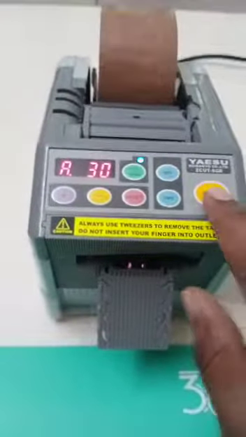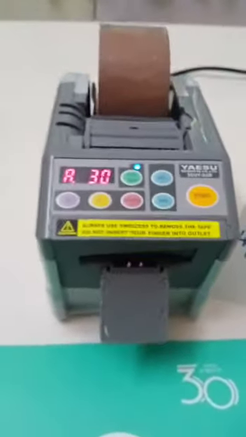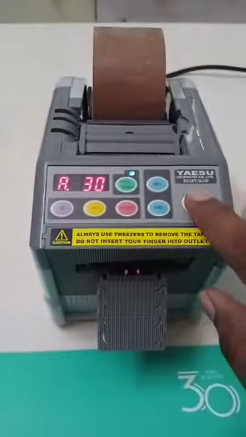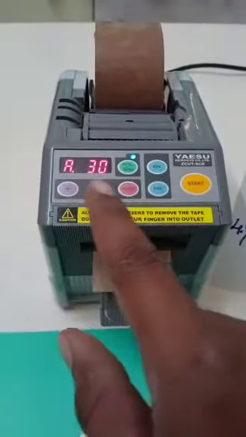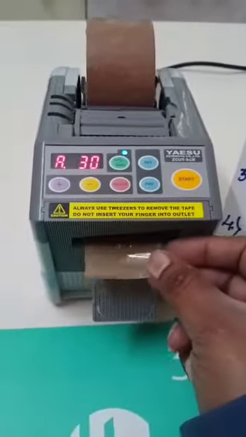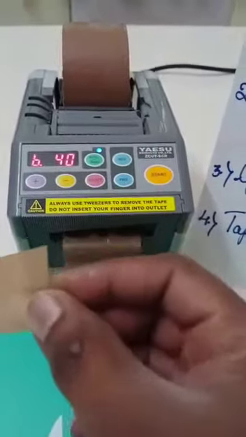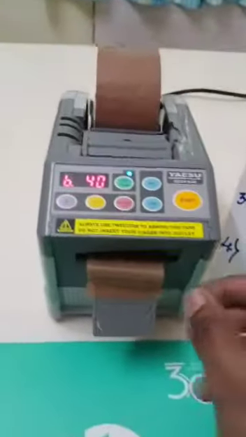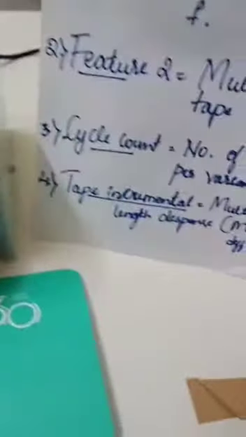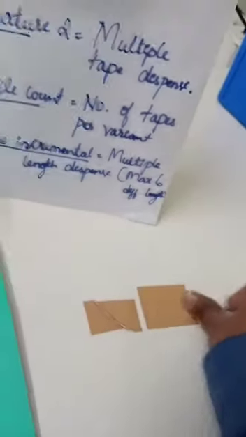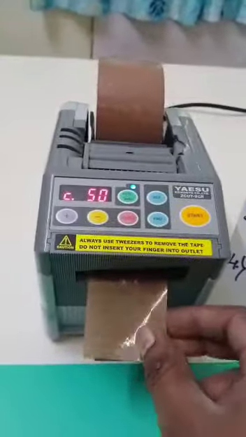That is, right now it's 30 mm. So I'll use the auto mode. So A is 30, it is going to jump to B. So I'm going to cut it. So C is 50.